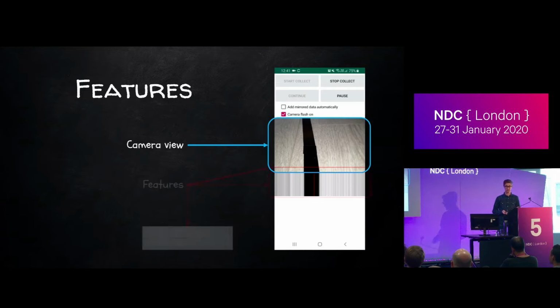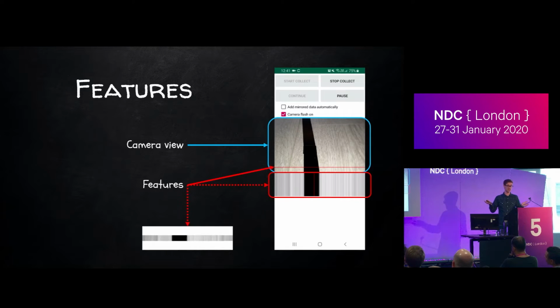So instead, again, I said earlier that we want this to be as simple as possible. So let's see how simple we can actually make it. Instead, let's try and define our features as just a single pixel row.